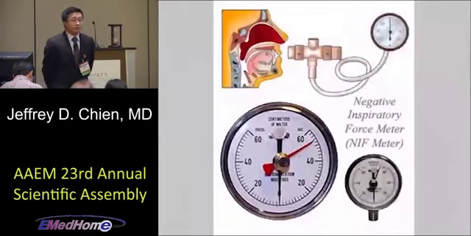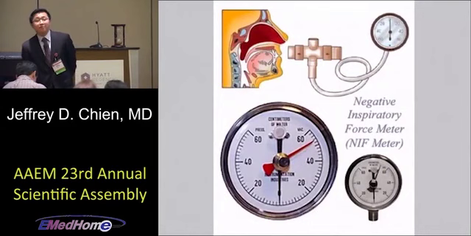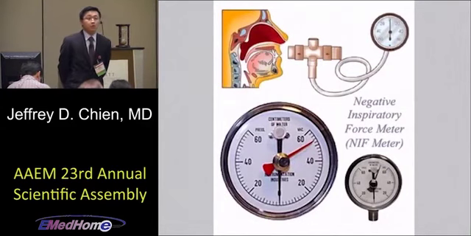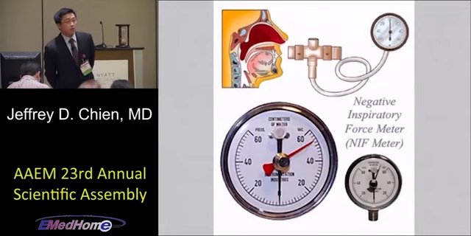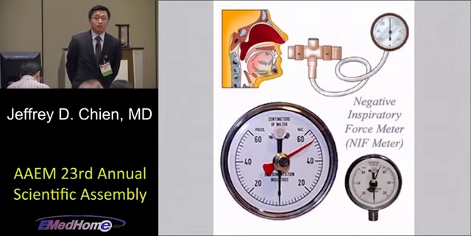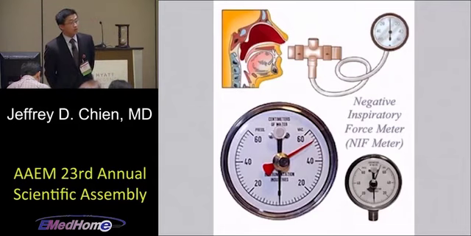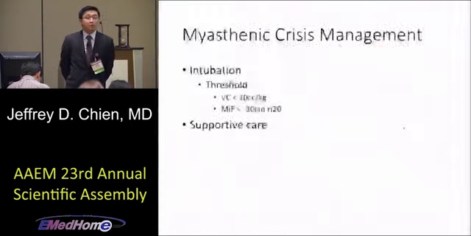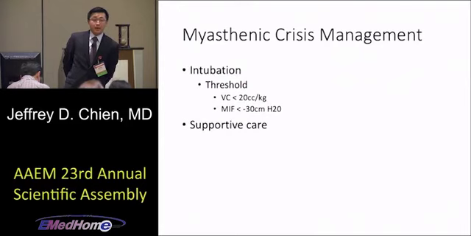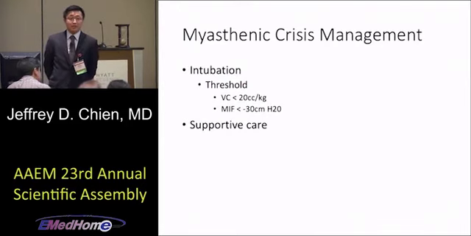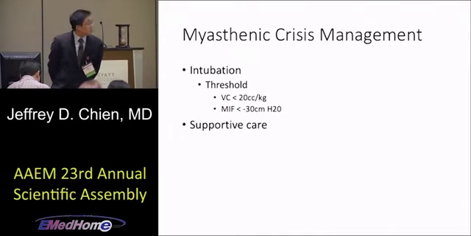However, a negative inspiratory force, or a MIF or NIF, will reflect the amount of force that your pleura is pulling on your lungs, how much force the air is going into the lungs with. It's measured in negative centimeters of water. And big numbers here, good. Low numbers, bad, because we're talking about the amount of force with which that air is going into the lungs.